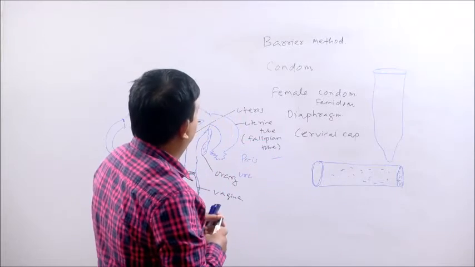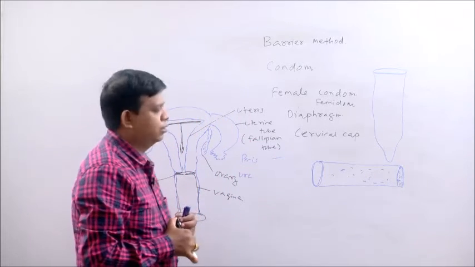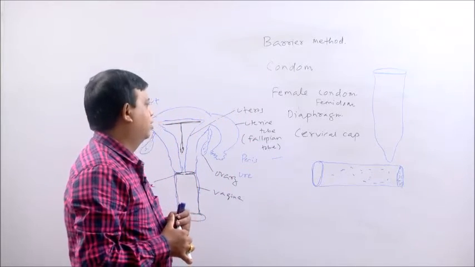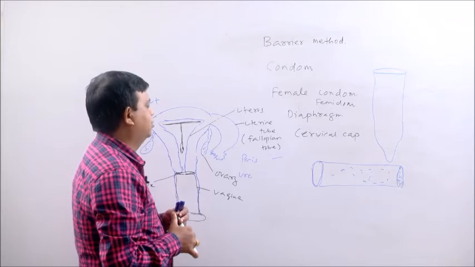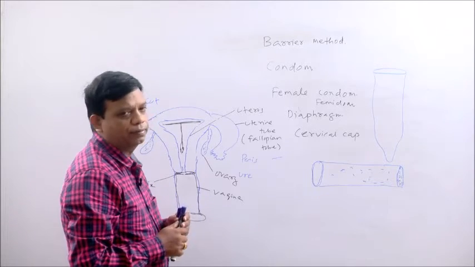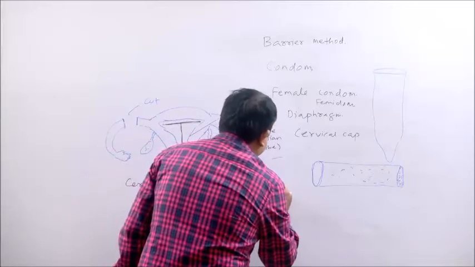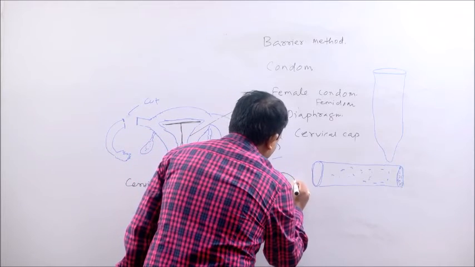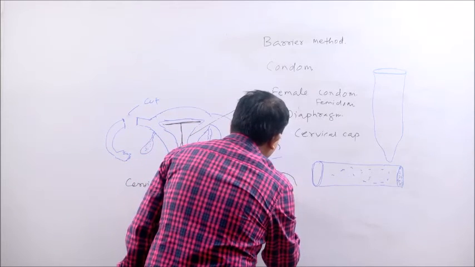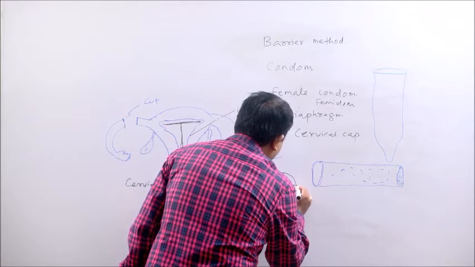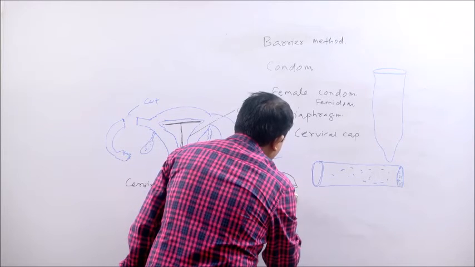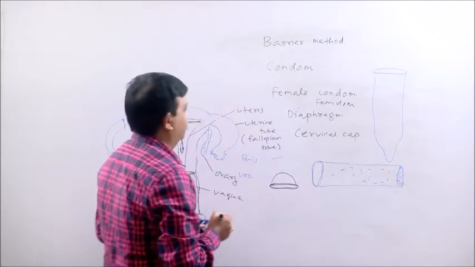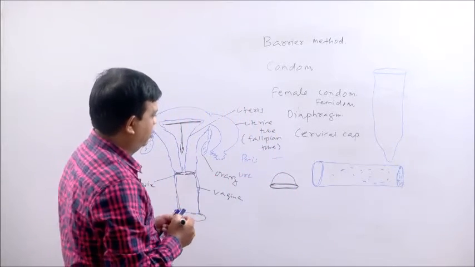Then the third barrier used is a diaphragm. This diaphragm is a dome-shaped structure made of rubber. It is like this, you can see here.